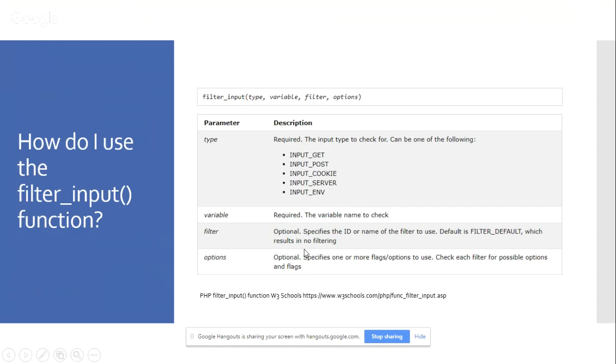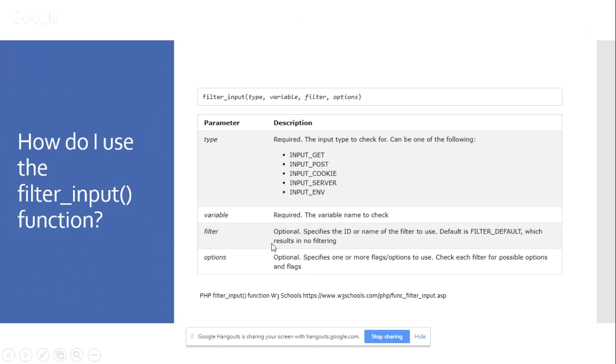So here is a table that I got from W3 Schools, and it mentions a few of the input types that we can use as part of the function, depending on where we're getting that external variable from. We also have the variable, which is the name of the variable, what we are filtering, in other words. And then we have the filter, and the default filter is filter underscore default, and that results in no filtering.